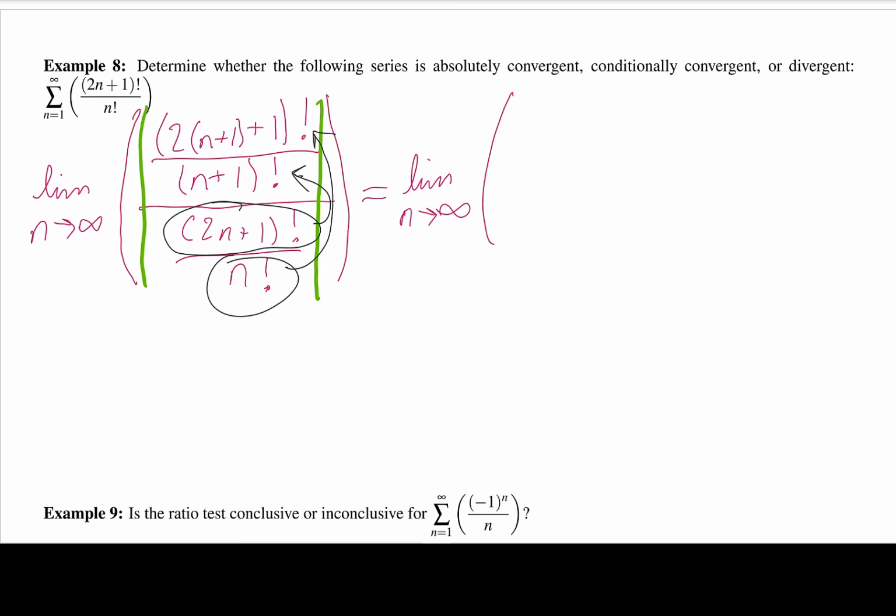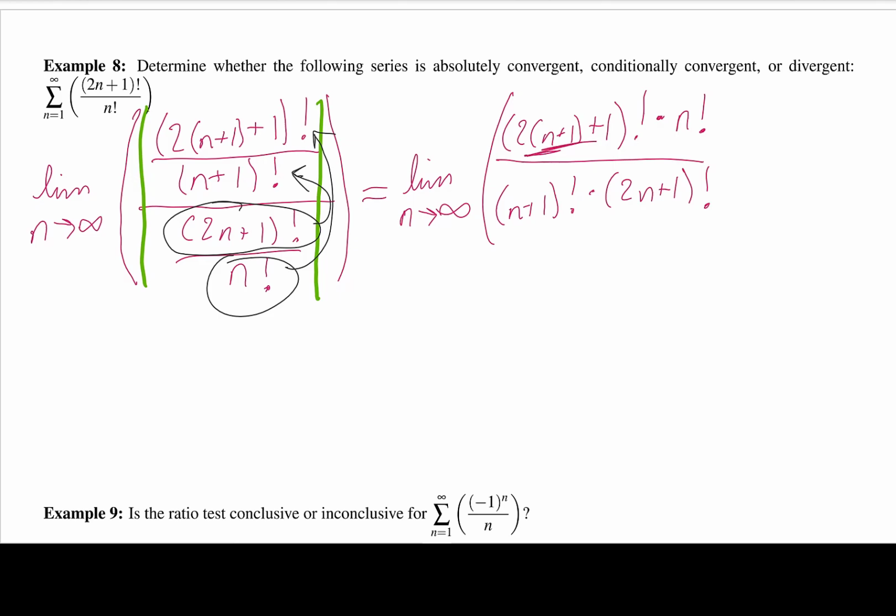So this is going to be 2 times n plus 1 factorial times n factorial over n plus 1 factorial times 2n plus 1 factorial. What I'm going to do is go ahead and simplify out what's in here. Right? So this 2 times n plus 1 would give us 2n plus 2 plus 1. So this is really just 2n plus 3 factorial.